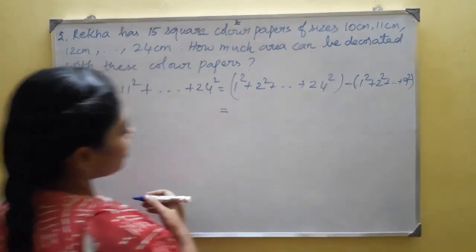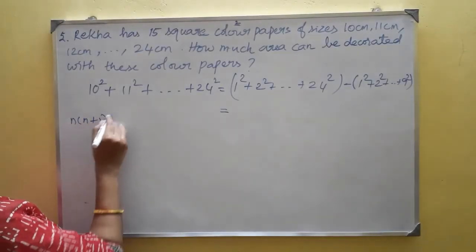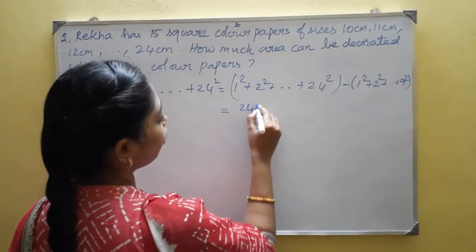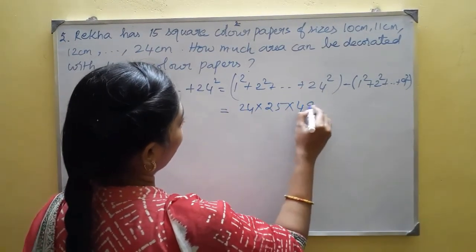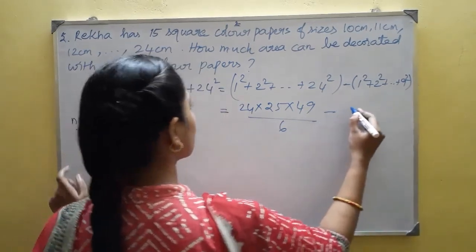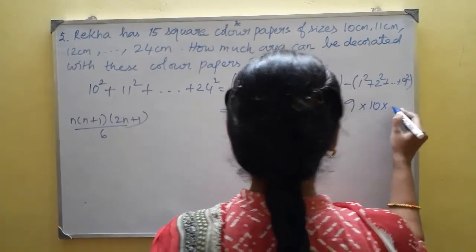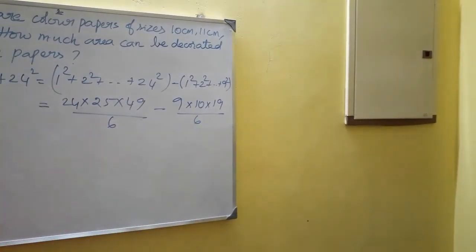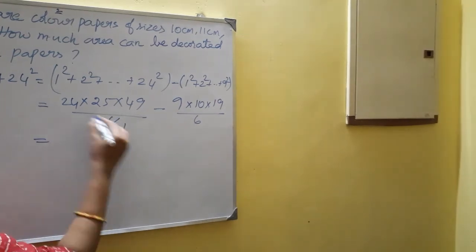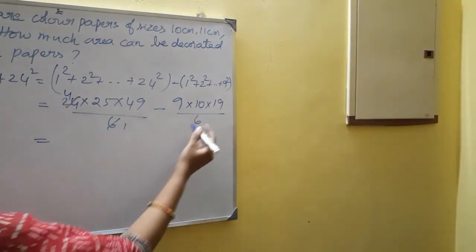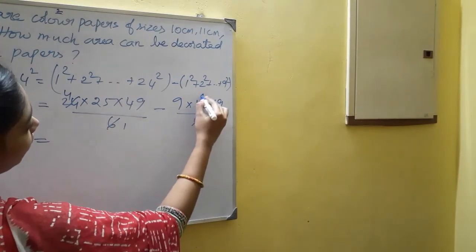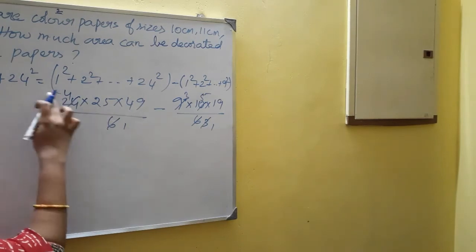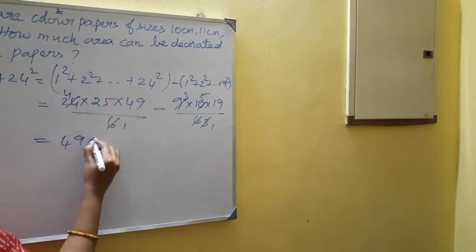Now, what is the formula actually? n into n plus 1, 2n plus 1 whole divided by 6, no. So in place of n, here it is 24 into 25 into 49 by 6, minus 9 into 10 into 19 whole divided by 6. Now 6 table 1 time, this will become 4 time. This is actually 5 time 3, and 3 table, this is 3 time. 25 4s are 100 and this is 00.